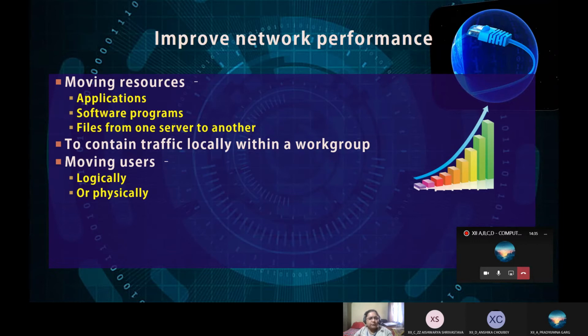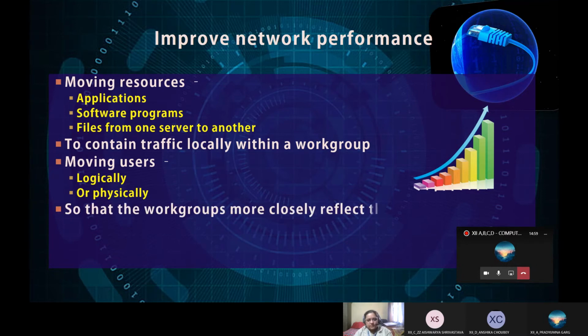whether users have to be moved logically or physically. Maybe users are sitting in a very staggered manner, so then too we will think about logically setting up a particular network. And if we want people to sit in a ring fashion only, then we have to decide how to move users physically so that the work groups more closely reflect the actual traffic patterns.